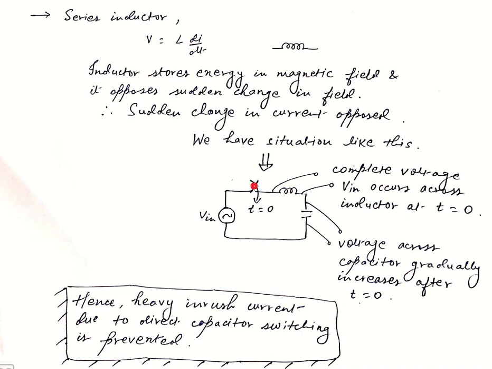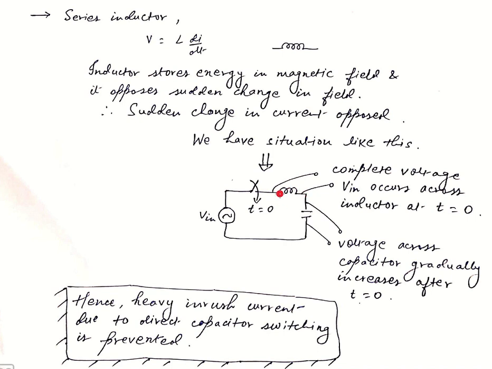Now when we switch on this switch at t equal to 0, the very next moment after t equal to 0, the current through this circuit will remain 0. Why? Because of this inductor. This inductor will tend to make the current 0, and hence we can say that this inductor behaves as an open circuit.